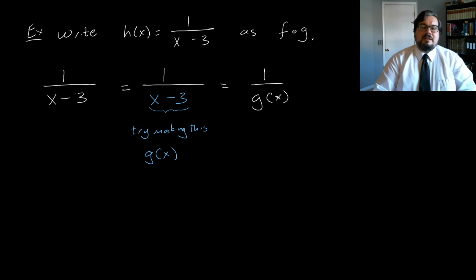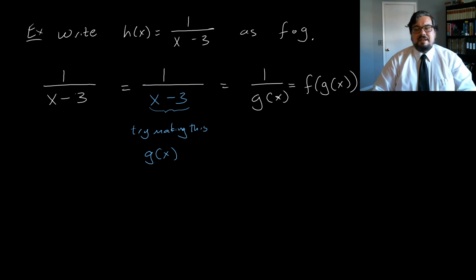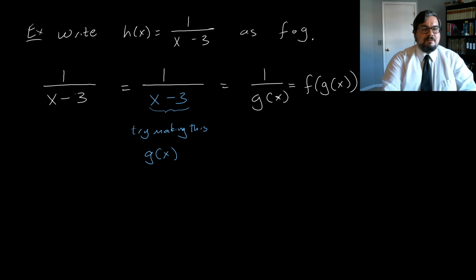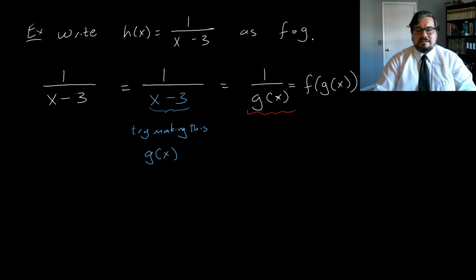And now if I want this to be f of g of x, then I can figure out what f should be by taking this expression and kind of going backwards. Let's replace g of x with just x.